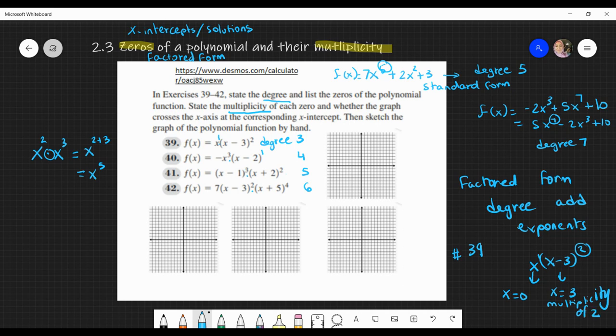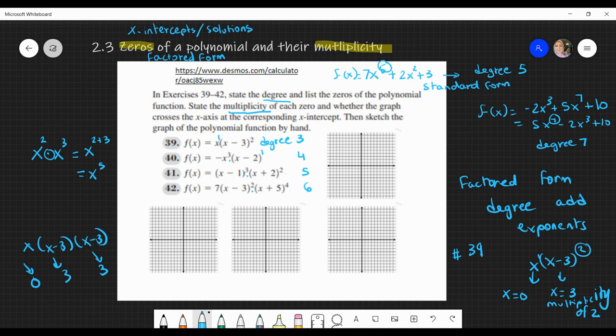In other words, I can rewrite this as x minus 3, x minus 3, and I can see how 3 repeats twice, and 0 only once. So anything that has a power of 1, I do not need to list its multiplicity because it's not present multiple times.